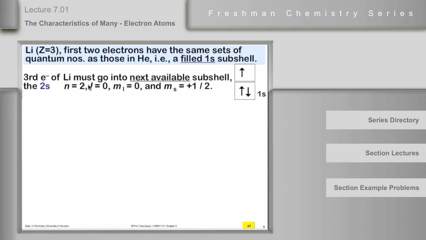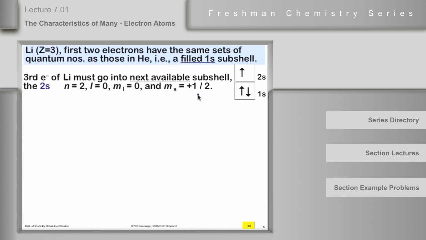And its quantum numbers are n is equal to 2, L is equal to 0, and M sub L is equal to 0. That specifies the 2s. Okay? And m sub s equals plus 1/2 says the spin is up there. So we have now demonstrated what happens step by step as we're going upwards in the number of electrons and upwards in the energy of the available orbitals.